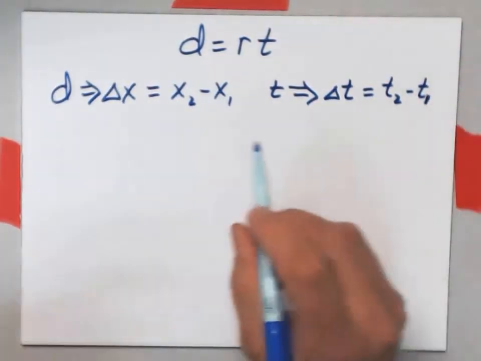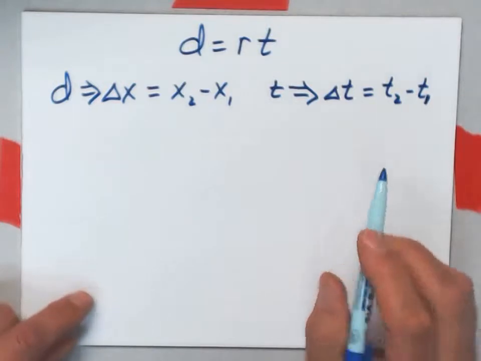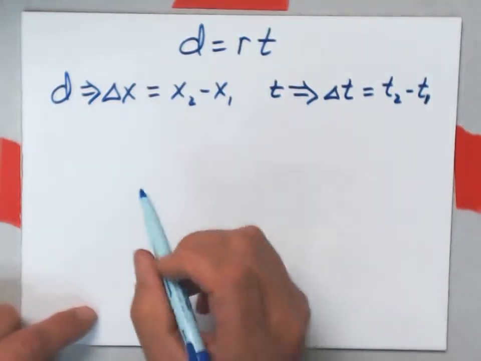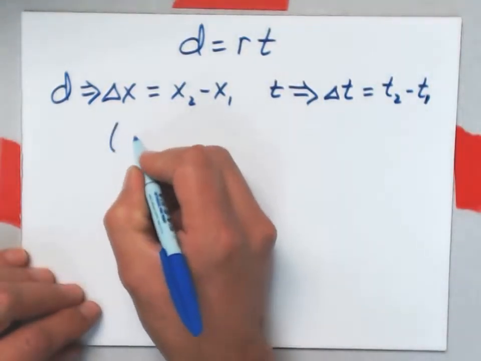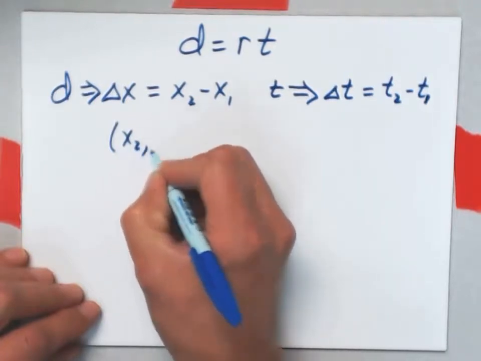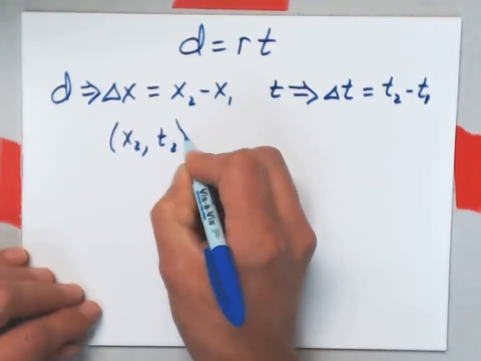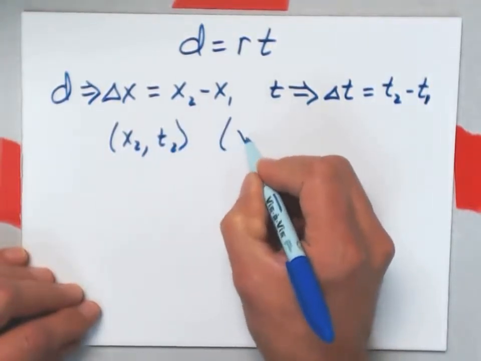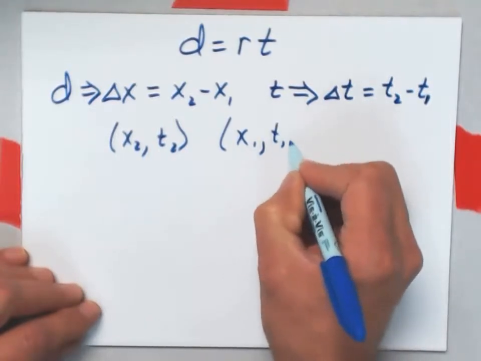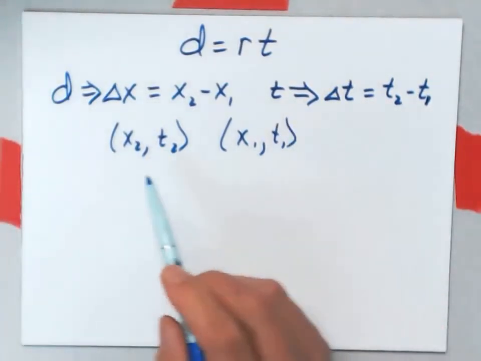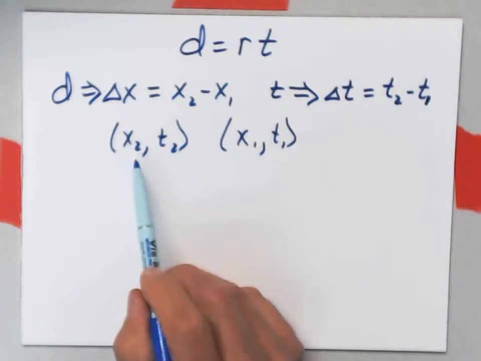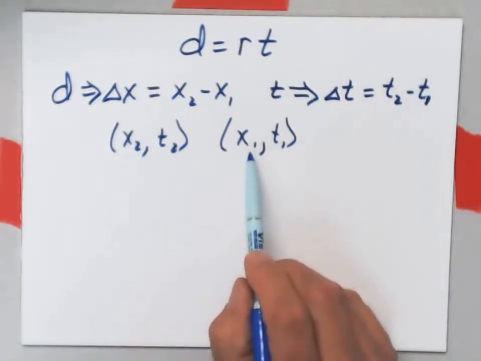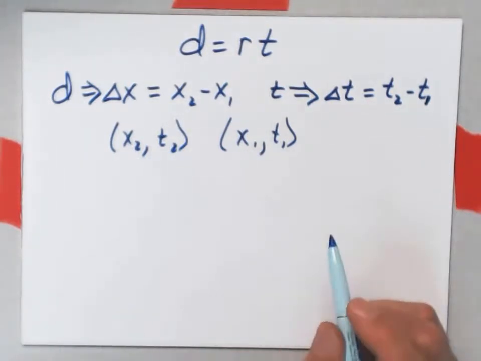And we'll have some ordered pairs of information here. One ordered pair would be x2, t2, and the other one will be x1, t1. And these two are tied together. x2 is the position at time t2, x1 is the position at time t1.